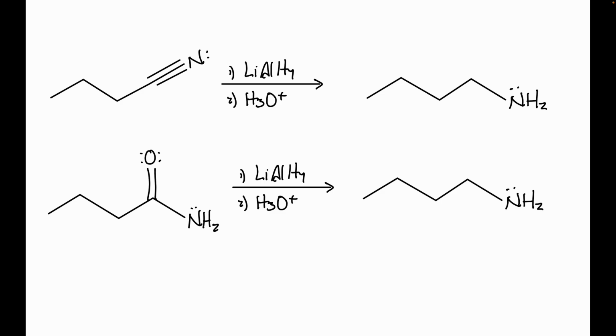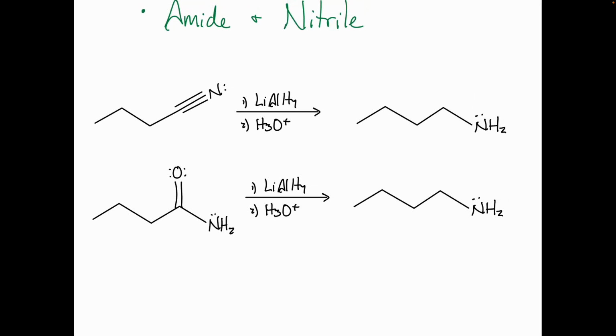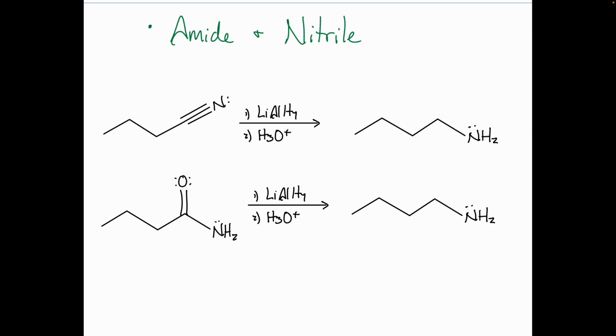All right, so we're actually going to lose that oxygen, that better of the two leaving groups in this process. So amides and nitriles, these get reduced to specifically primary amines.